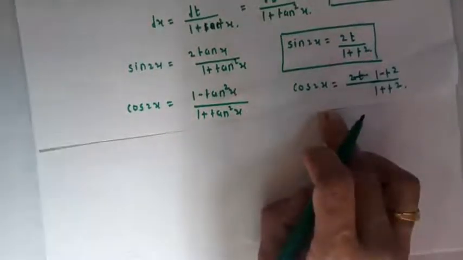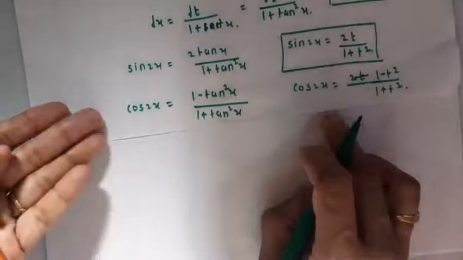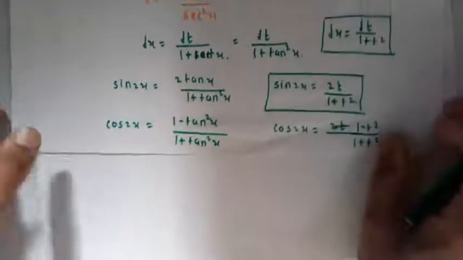These are the values of sin of 2x, cos of 2x, and the value of dx. In this way we have to substitute. Now let us solve such a type of problem.